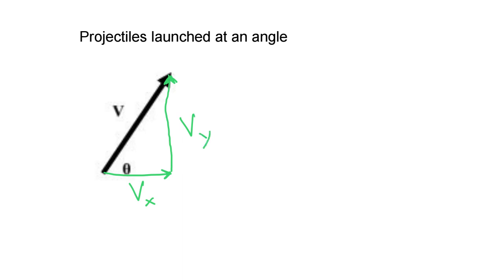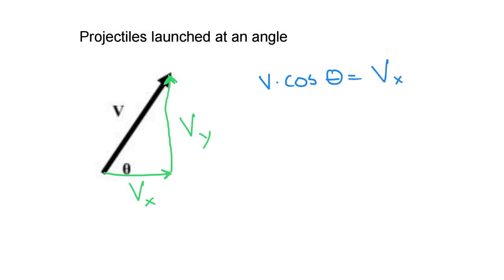And we can solve them using just a little bit of trig and this angle theta, which is measured off of the horizontal. So to find the length of v sub x, that is the adjacent, so we're going to want to use cosine. So it's going to be v times the cosine of theta equals v sub x.